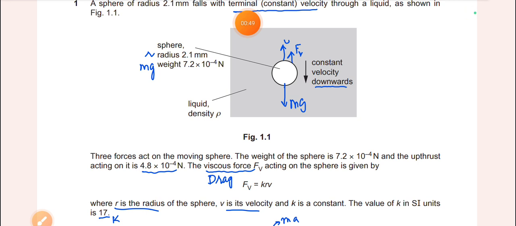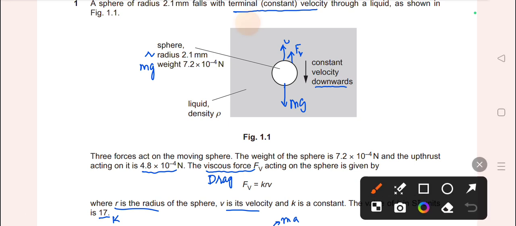Further, this says three forces act on the moving sphere: the weight of the sphere, and the upthrust. The amount of the upthrust is given, and the viscous drag. The drag force acting on the sphere is given by a formula, while the values of weight and upthrust are given.